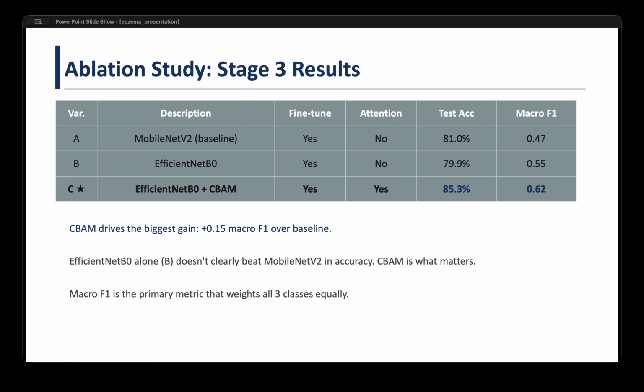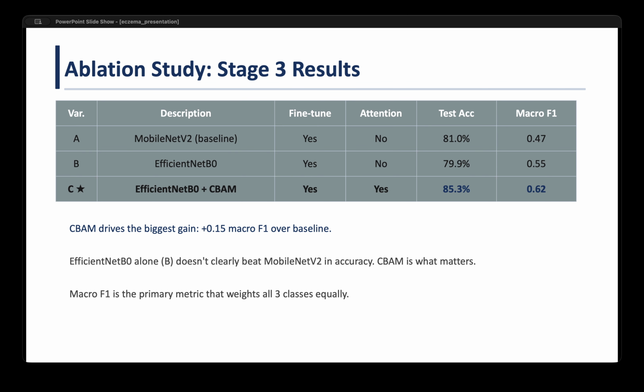So here are our results, where variant A is our MobileNetV2 baseline, which hits 81% test accuracy, but macro F1 is only 0.47, meaning it's basically ignoring the rare classes. Variant B swaps in the EfficientNetB0, where accuracy barely changes, but F1 jumps to 0.55.